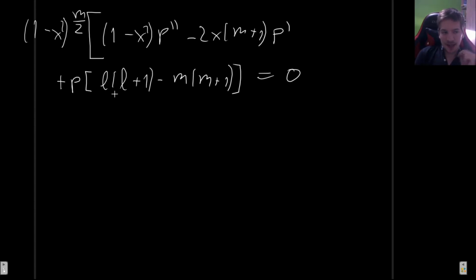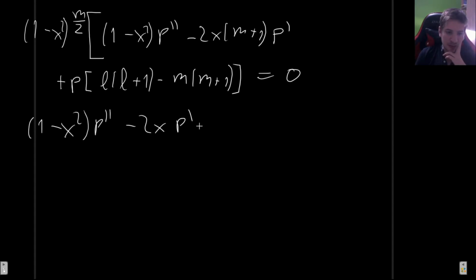The thing is, I'm just going to remind you quickly of the Legendre equation. Now, this is a little bit annoying because it's really hard to solve this if you don't know the Legendre equation. So how could you solve it if you've never seen it? Well, you have to kind of look into some of the most known differential equations and see that this kind of resembles it, because the Legendre equation is just (1 - x^2) p'' - 2x p', and some function, not necessarily called p, plus l.